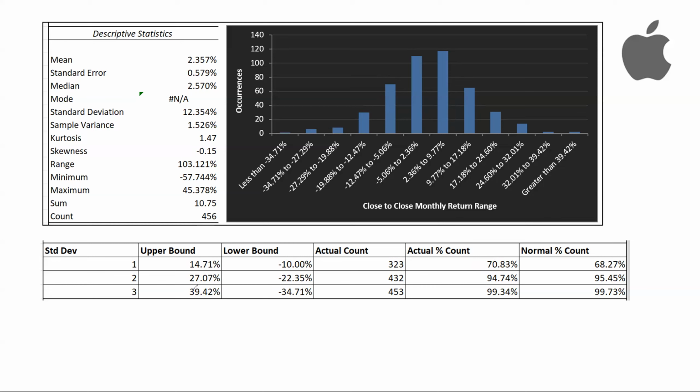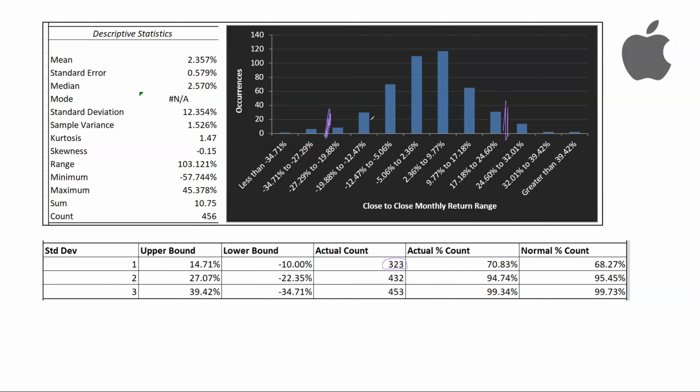And then when we look at standard deviation 2, the upper bound is 27.07, which is somewhere around here. And then the lower bound is -22.35, which is somewhere around here. So this is your standard deviation 2. And of course, for standard deviation 2, it occurs 433 counts. This is inclusive of the standard deviation 1 also.